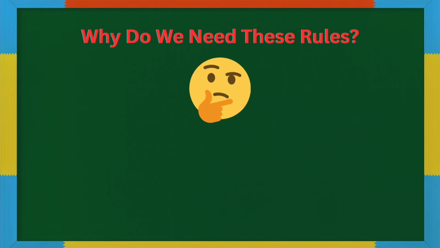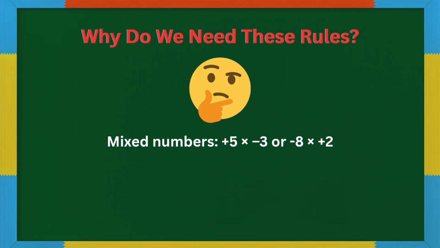Because when we multiply or divide positive and negative numbers, the answer changes completely. Look at these mixed numbers. Here, plus 5 multiplied by minus 3 or minus 8 multiplied by plus 2.